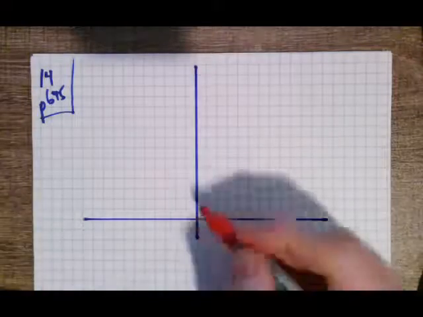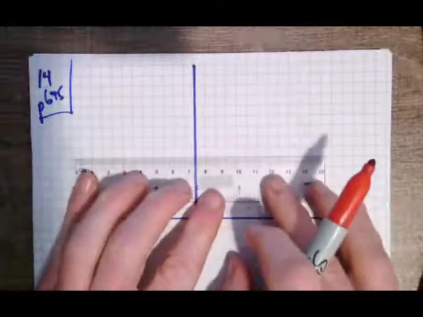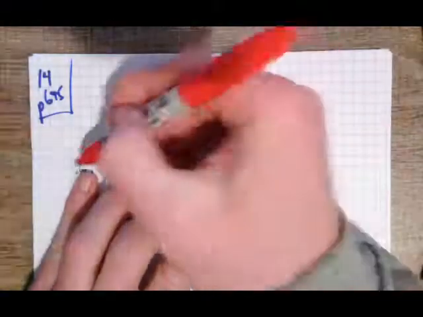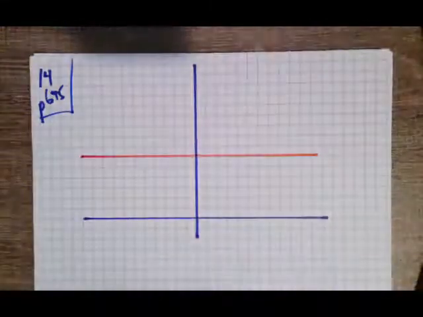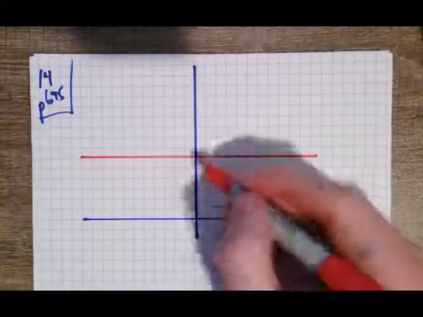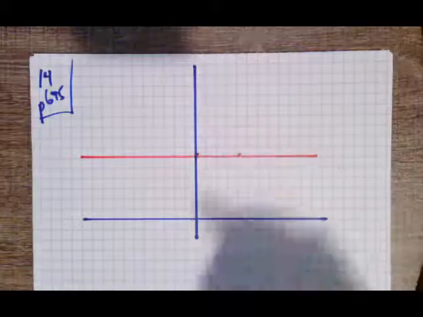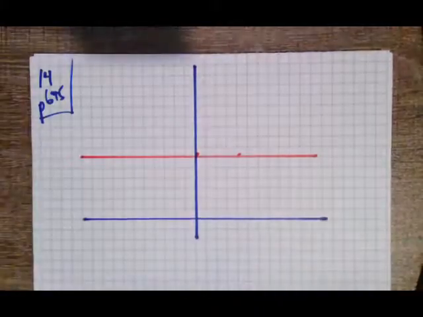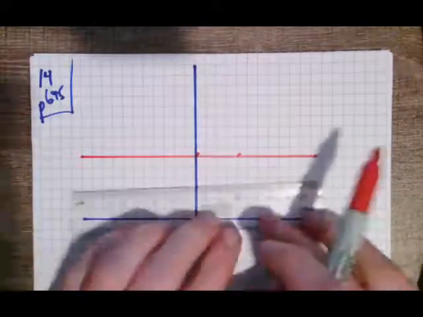The line y equals 6: 1, 2, 3, 4, 5, 6. So there's a line at y equals 6. And it says it intersects at x equals 4 and x equals 0. So it intersects here and 1, 2, 3, 4 here. Okay, so there's going to be intersecting points there. And it also says there's a line y equals 3. 1, 2, 3.